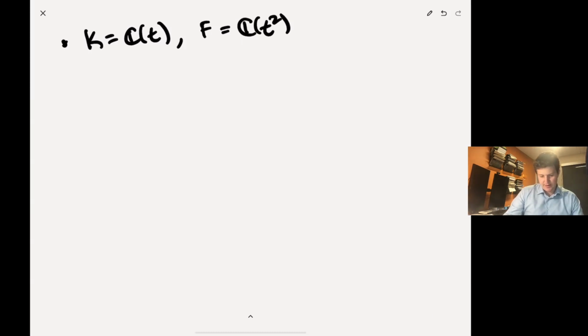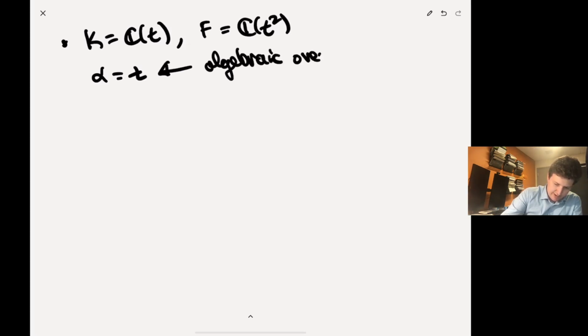Okay, so let's take K to be C adjoin T, and let's do F is C adjoin T squared. Then the element T here, if I take alpha to be equal to T, this is algebraic over F. The way to see that is that alpha squared minus T squared is equal to 0.